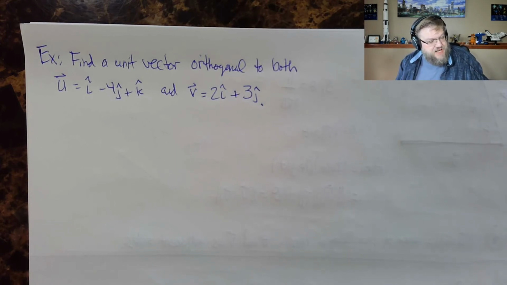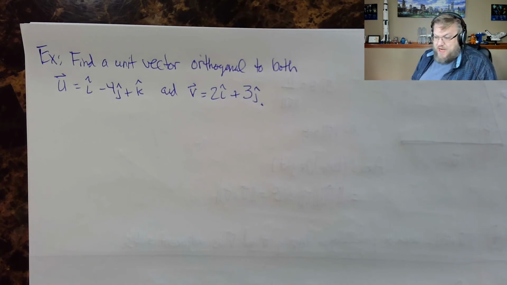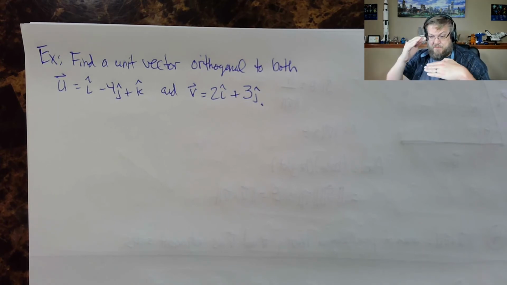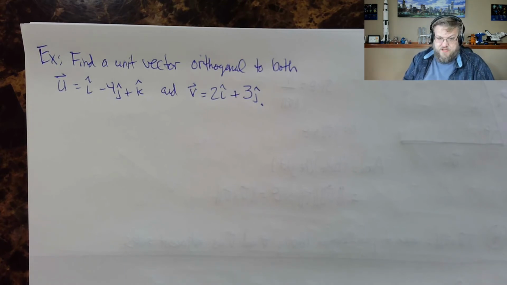Well, first things first, I don't know if I can find a unit vector directly, but I can certainly use a tool called the cross product to get orthogonality. Then, once I have that vector, I can adjust it so it's unit length. You see that? So I'm going to get the vector pointing in the right direction first, and then scale it so it's unit length.